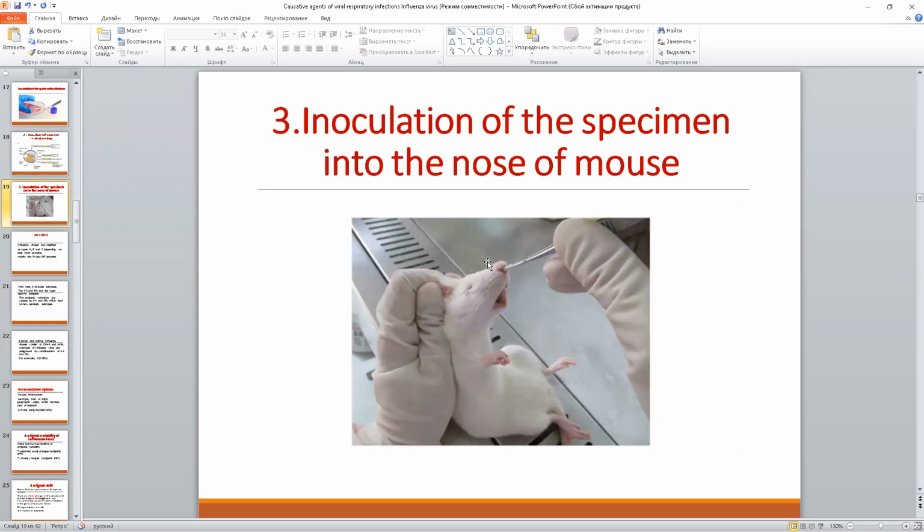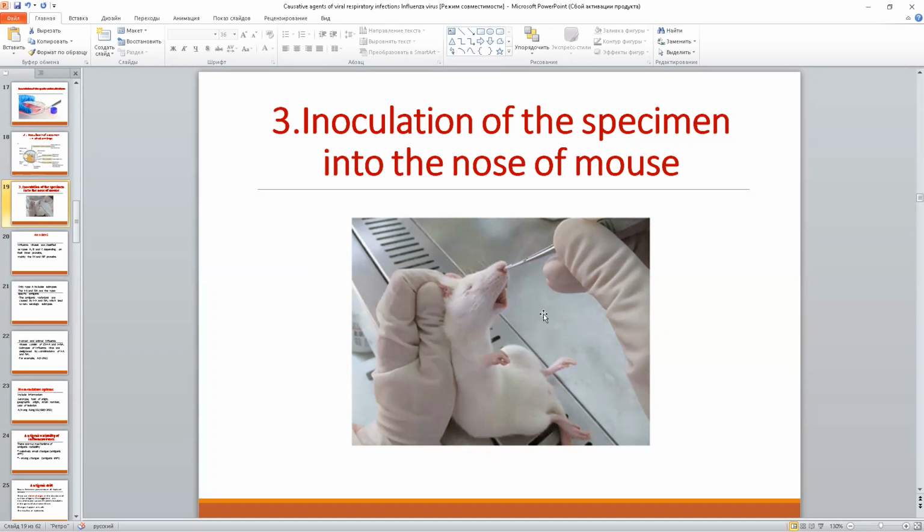Because of the portal of entry: influenza viruses are transmitted by droplets, and the portal of entry is the mucosa of the nasopharynx. So the specimen should be injected exactly into the nose.